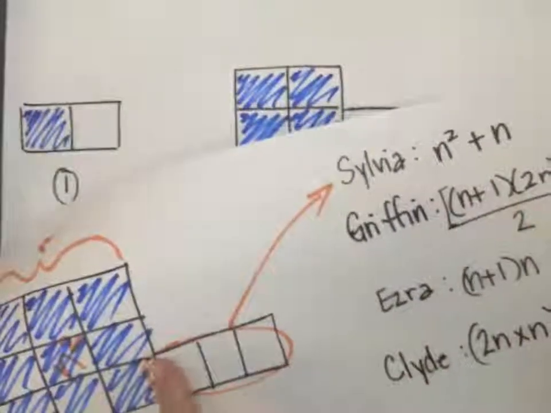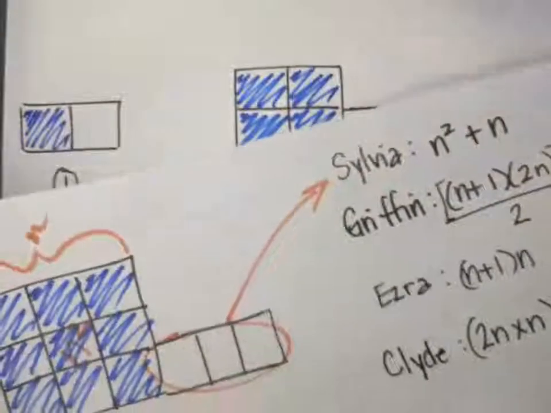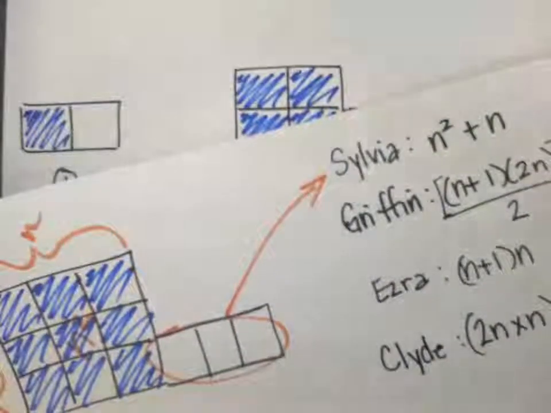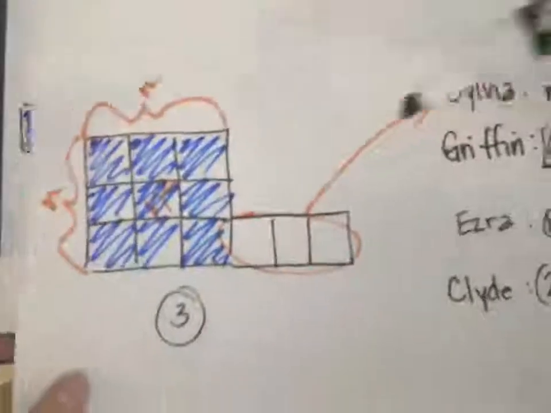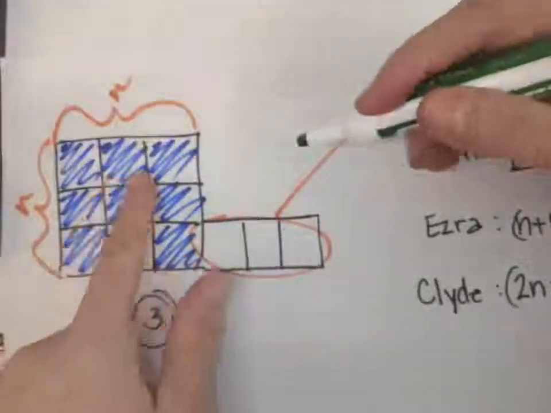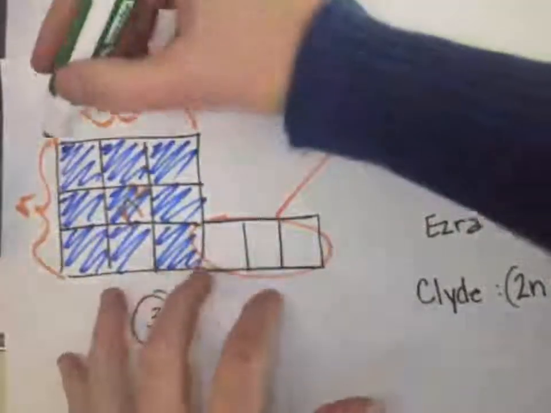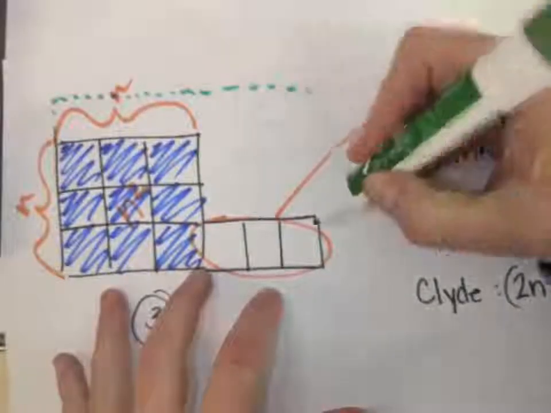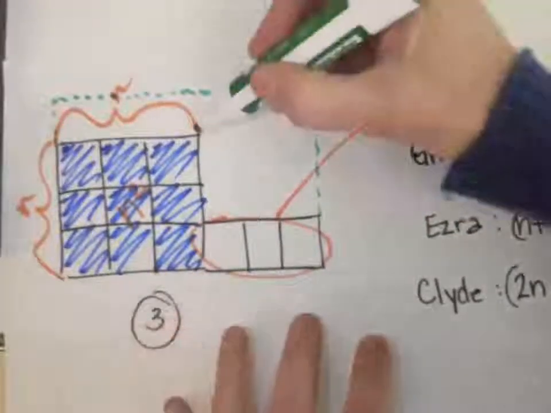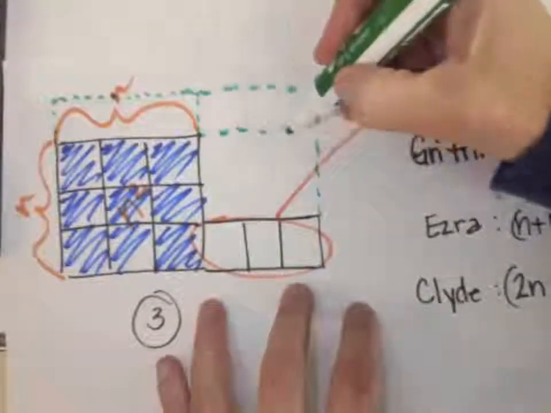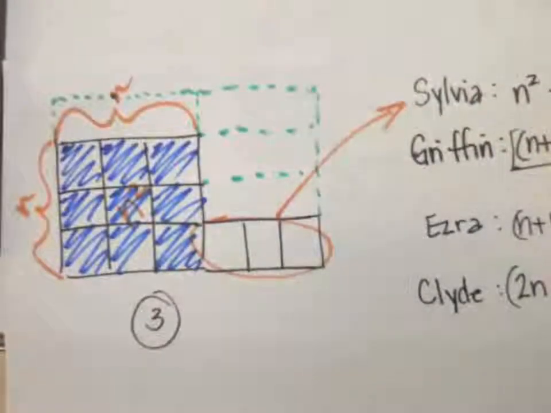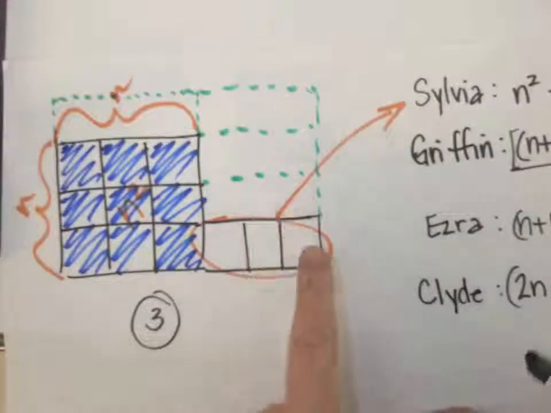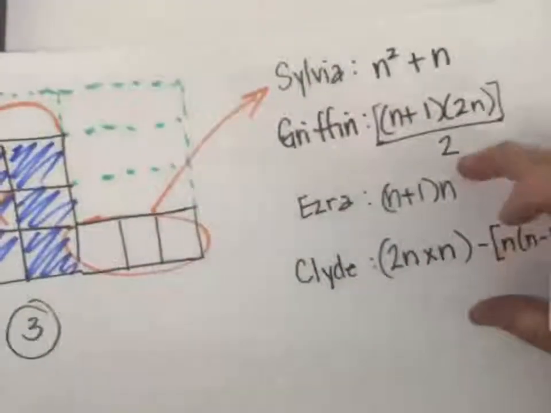So Griffin, just to see a different example, thought of this pattern as taking another copy of this and flipping it over. So I'm going to do his in green. Hopefully you can see that. In other words, he thought of it like this: if it was an entire rectangle, he would just chop that rectangle in half.